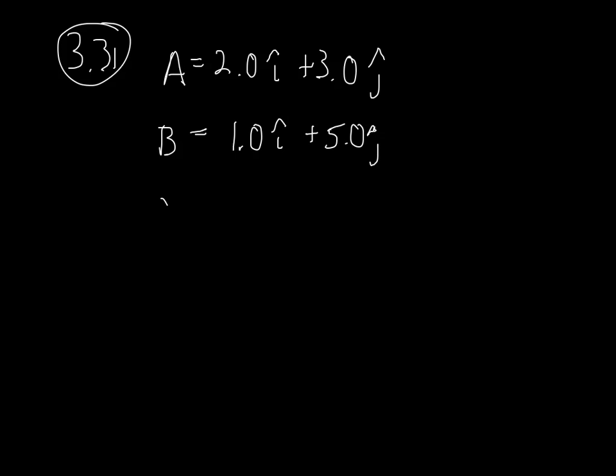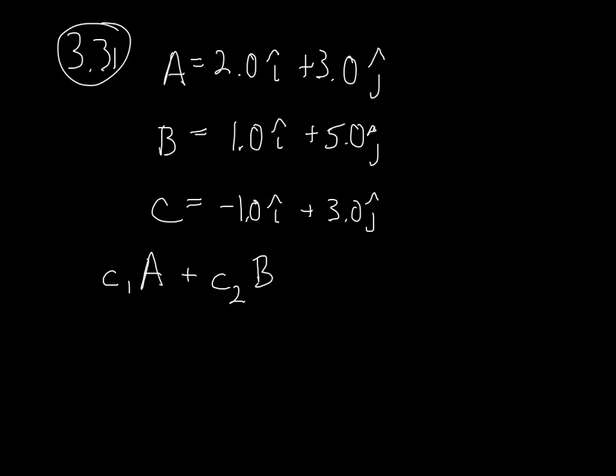And C is equal to negative 1.0 i hat plus 3.0 j hat. I am asked to find constants C1 and C2 so that C1 times A plus C2 times B gives me C.